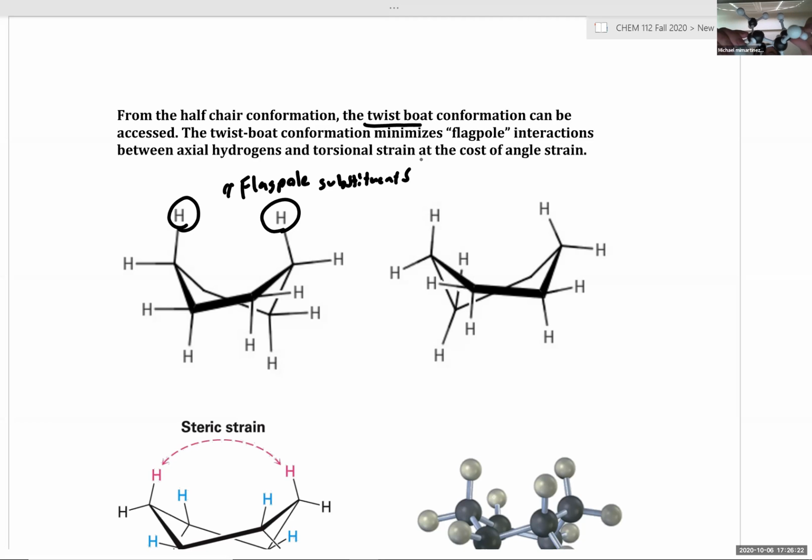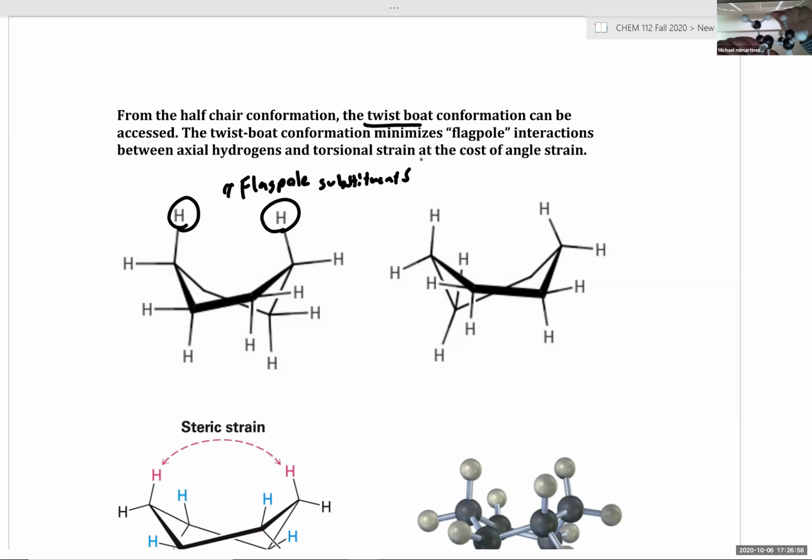Does everyone notice and see why we use the name Twistboat? We have slightly adjusted the orientation of our carbon-carbon bonds in order to separate our flagpole substituents. Does everyone see how, as a result of this twist, as a result of this distortion in our carbon-carbon bond arrangements, we've generated some distance between our flagpole substituents, which are right here?